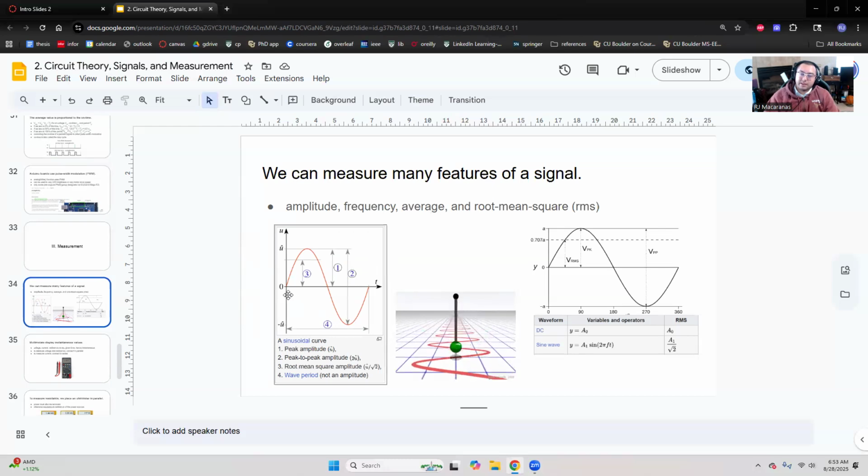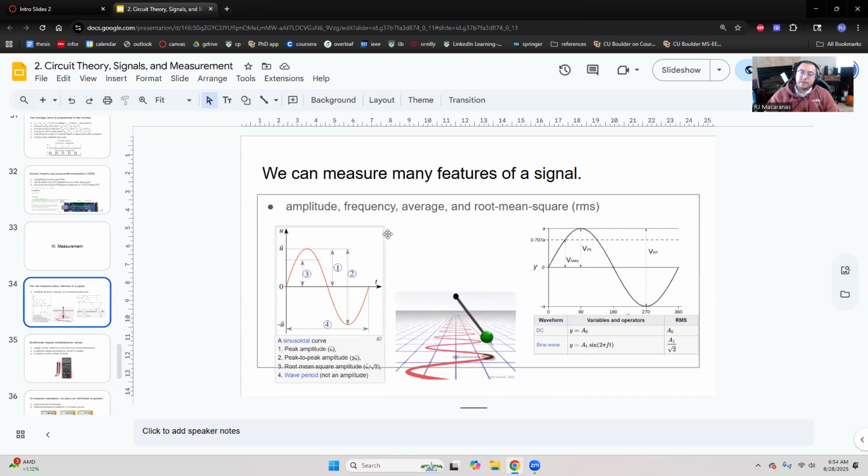And then the frequency, which is how fast it's cycling if it's periodic. In the case of this sine wave drawn in the middle, you can see it's pretty clearly periodic, and so it has some frequency associated with it. And frequency is usually cycles per second.